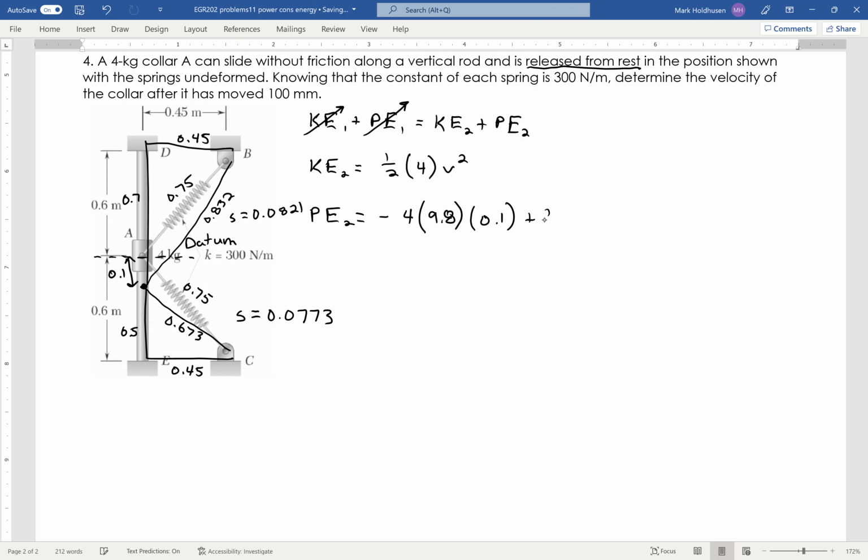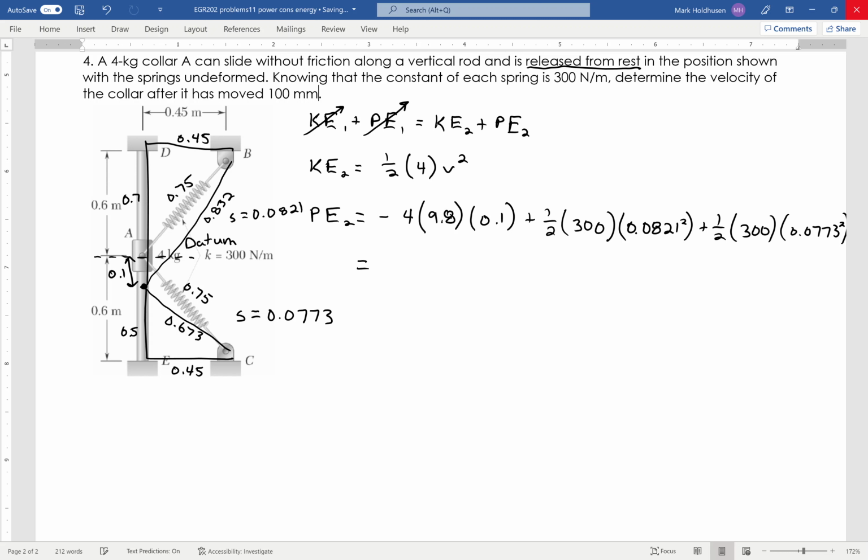So one spring will be 1/2 ks squared, where it is 300 times 0.0821 squared. And then I have 1/2 times 300 times 0.0773 squared.